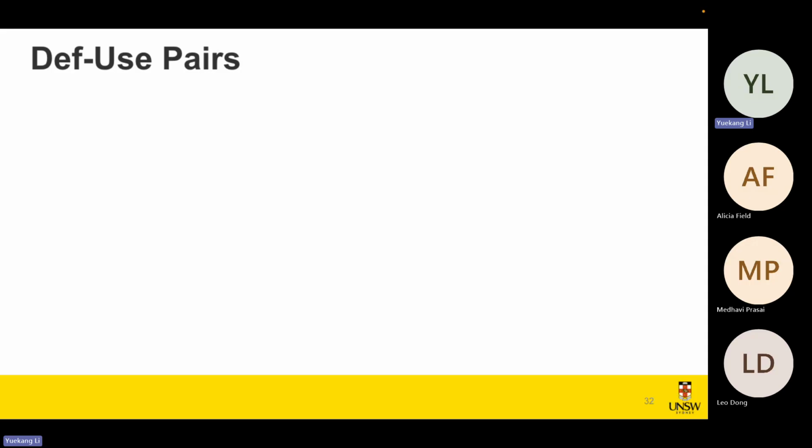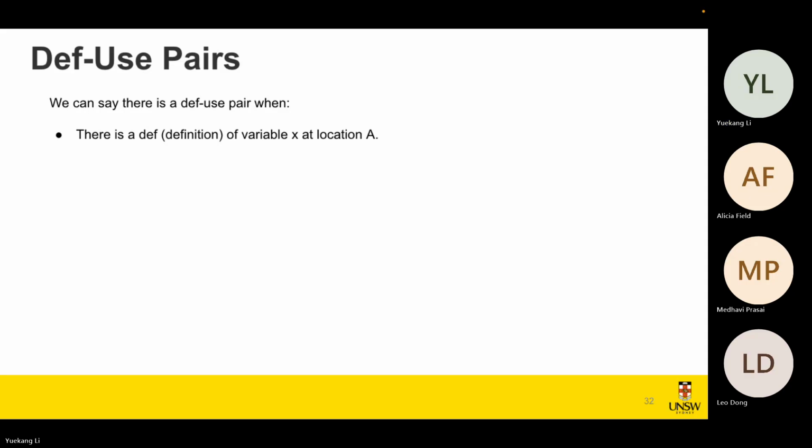So we can say that there is a def-use pair when these conditions are satisfied. The first condition is that there must be a def, right? And the second condition is that there must be a use.